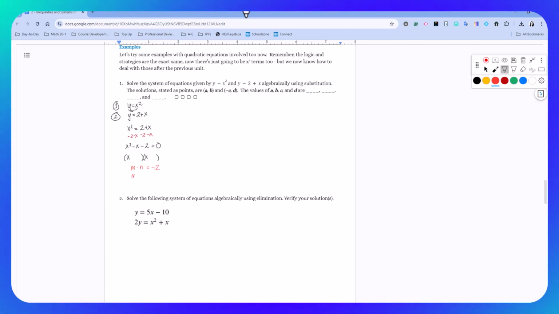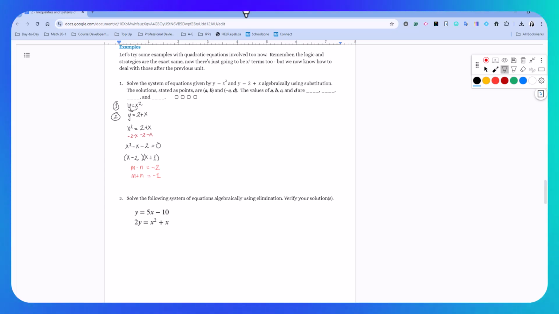And we are going to add those two numbers together so that they equal negative 1. Well, that means we have a negative 2 times a positive 1 is negative 2, and negative 2 plus 1 is negative 1. So now we have our two factors.